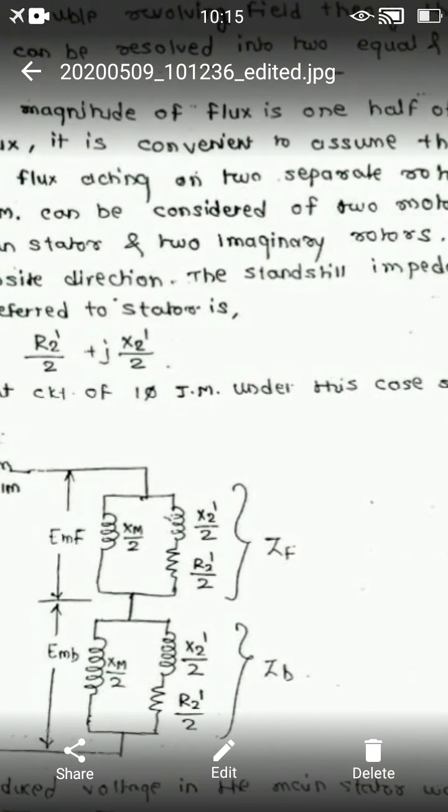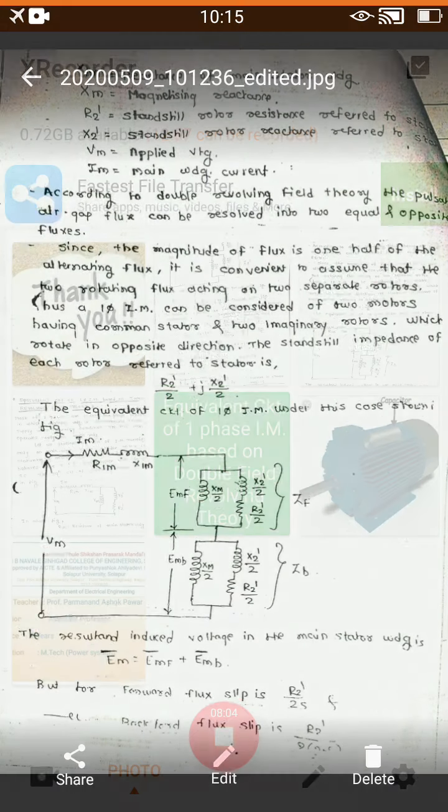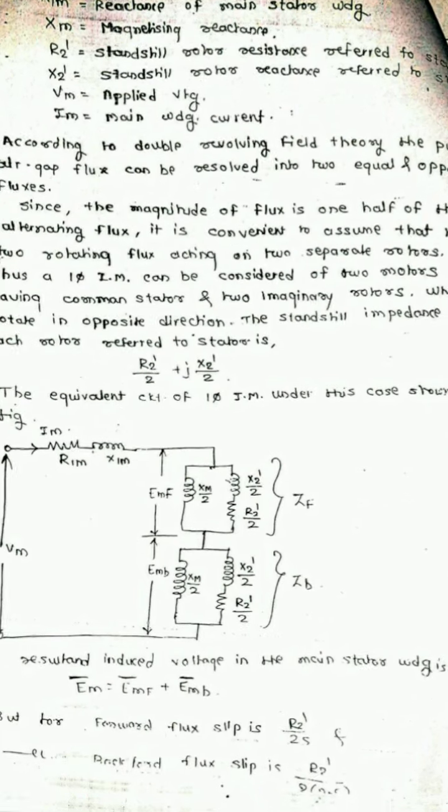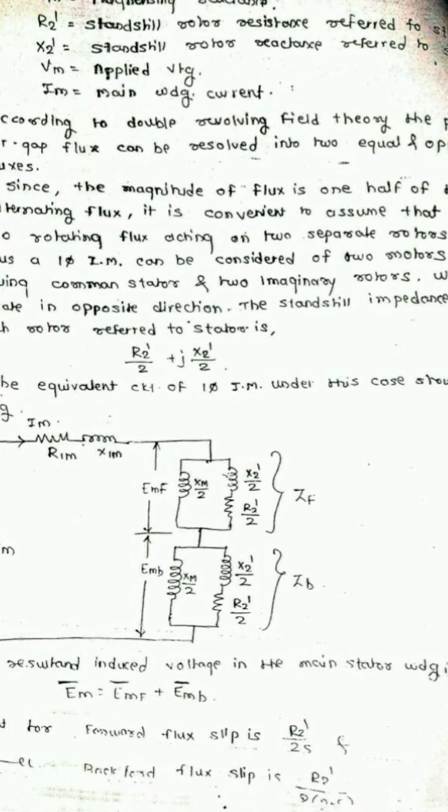So the resultant induced voltage in the main winding circuit will give you the values EMF and EMB. So the total value EM bar is equal to EMF bar plus EMB bar.